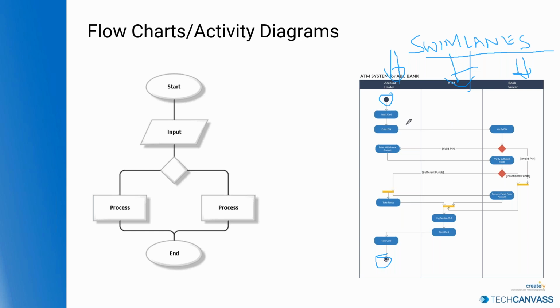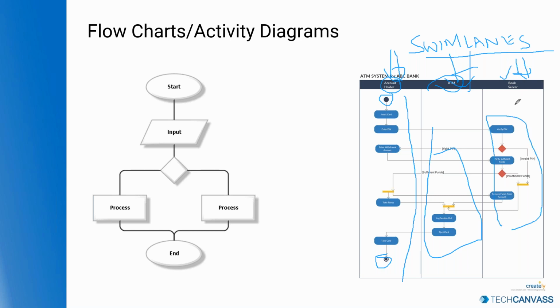Whoever the user is, you can identify it and put it. This tells you immediately that in this process, these activities are done by the account holder, this is done by the ATM machine or the software on the ATM machine, and this is done by the bank server. It's not book server, it's bank server. So this gives a better visual of the process.